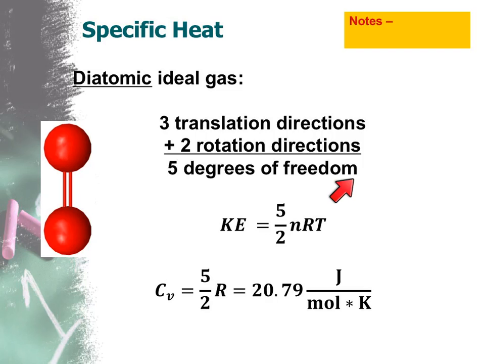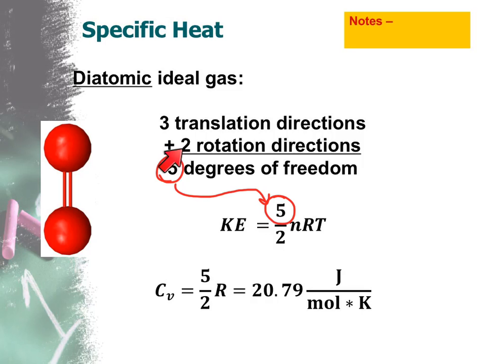Why is that important? Well, each of those degrees of freedom has an energy equal to 1/2 nRT. So if you add all those up, that's 5/2 nRT. And this 5 comes from the number of degrees of freedom. Remember, for a monatomic gas, we had 3/2.